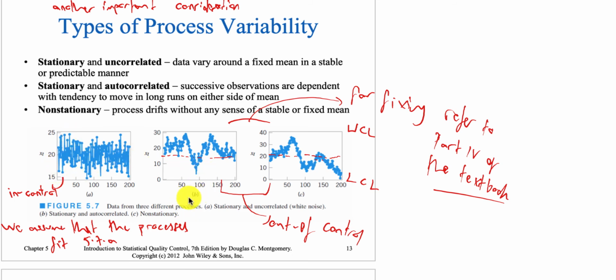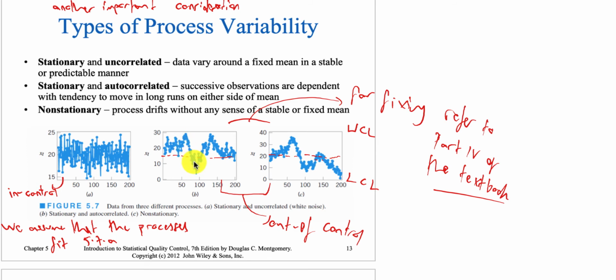But in example B, we see that the points are around the target value and they are not getting out of control. But right now there is a relation between points. For example, these points are going down and the successors of these points are going down too.